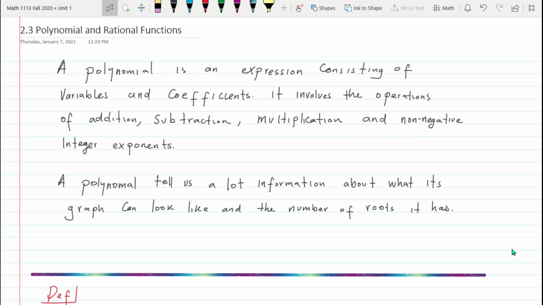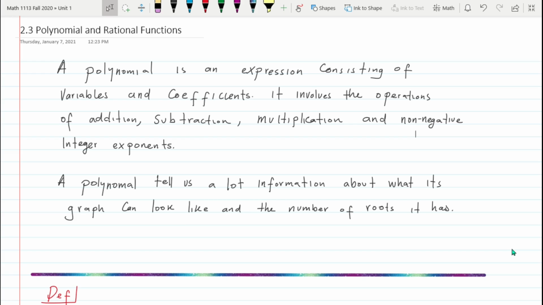Polynomials involve operations like addition, subtraction, and multiplication. Okay, and they have positive integers as exponents. So that's really all the rules that make up polynomials.